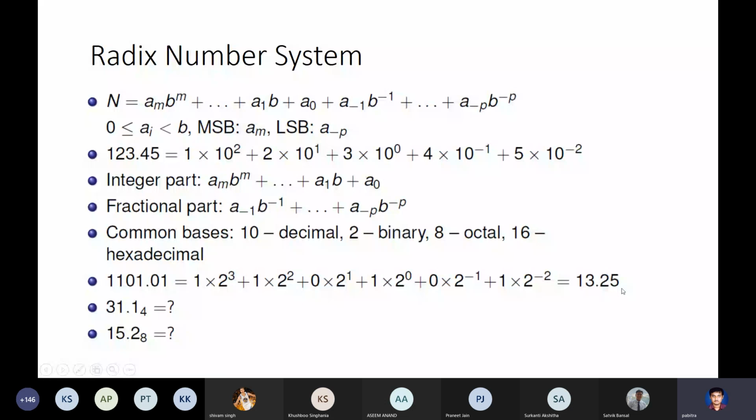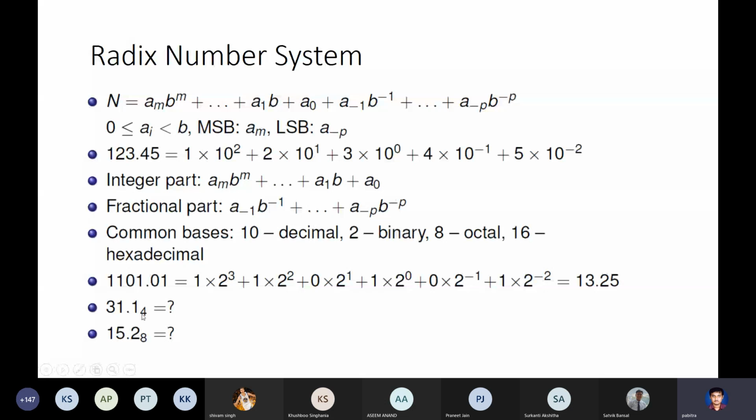Naturally, suppose I have a number, note that the value of the digits can be from 0 to base minus 1. So if you have base 2, it can only be 0 and 1. If it is base 4, it can be from 0 to 3.